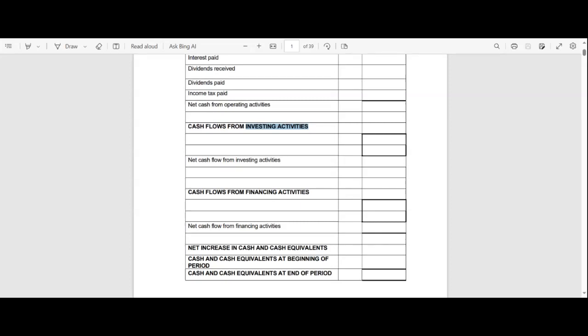Then you get the gray middle ground. Let's say you've got a 30-day notice deposit. In other words, you've got to give the bank 32 days' notice before you can withdraw the money, right? Should that be seen as an investing activity, or as part of your cash and cash equivalents?